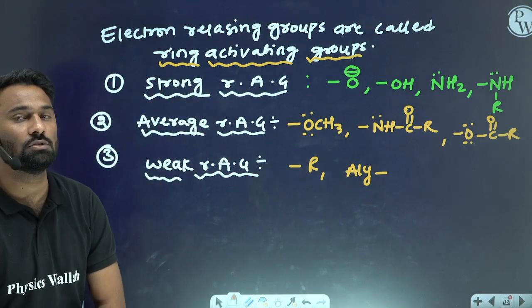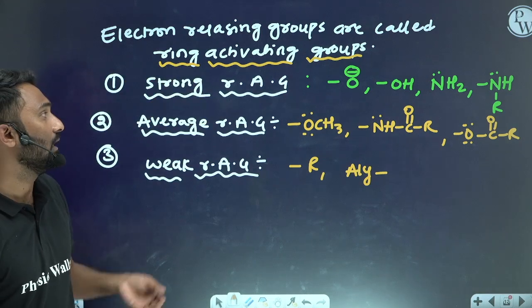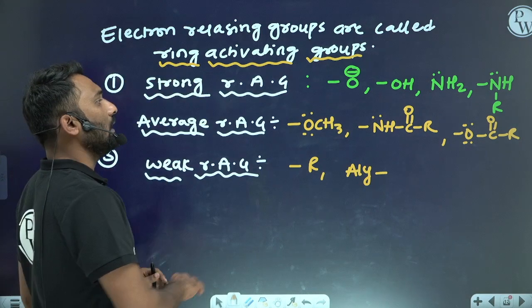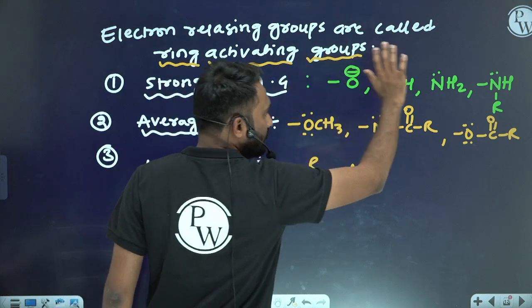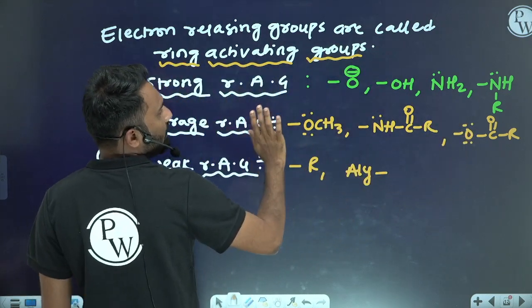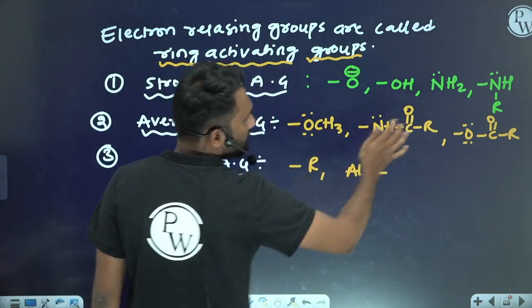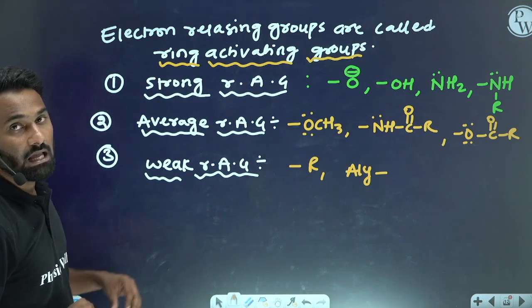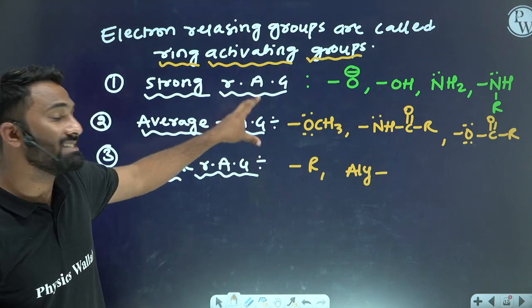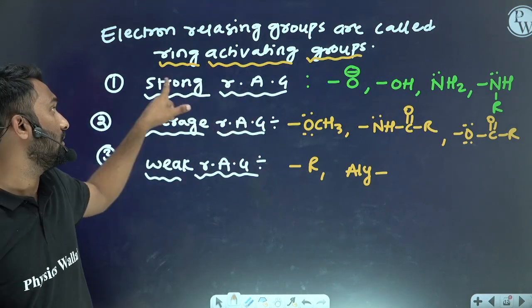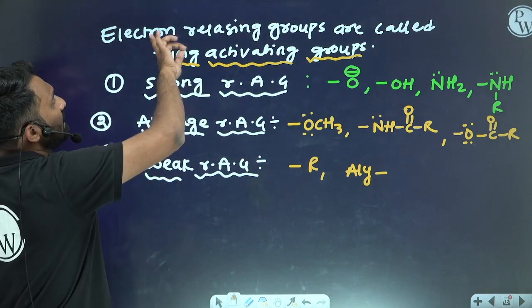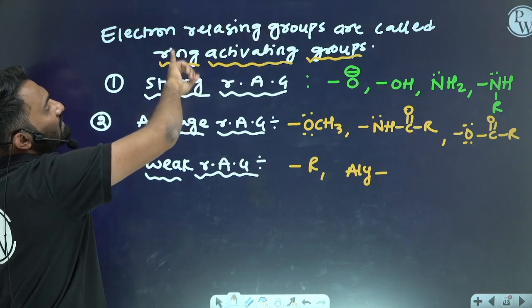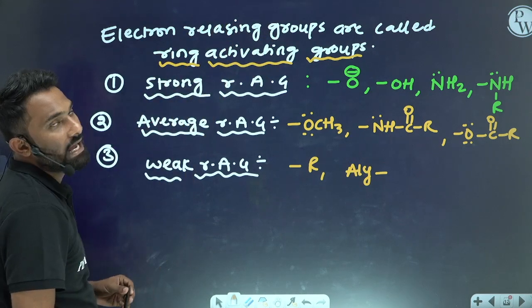Now if these groups are present on benzene, it will increase the electron density at ortho and para positions. These electron releasing groups are called ring activating groups.